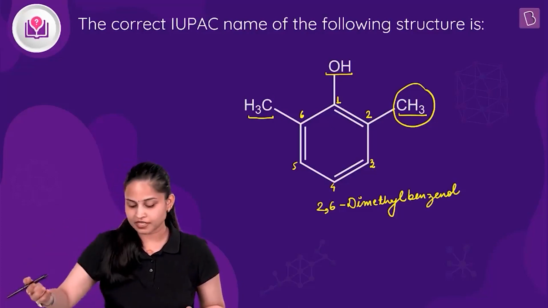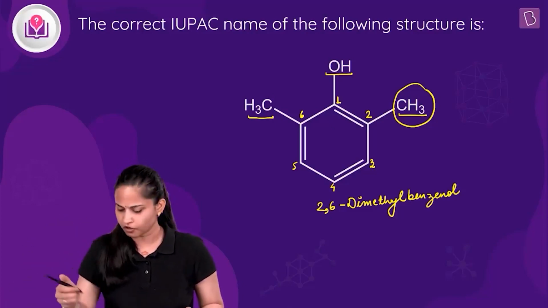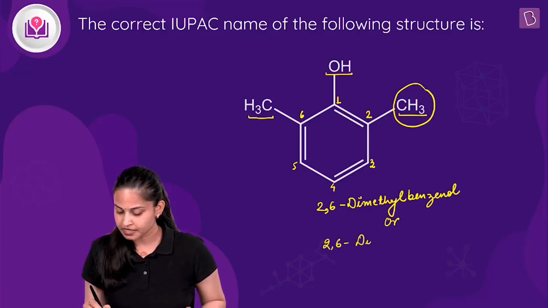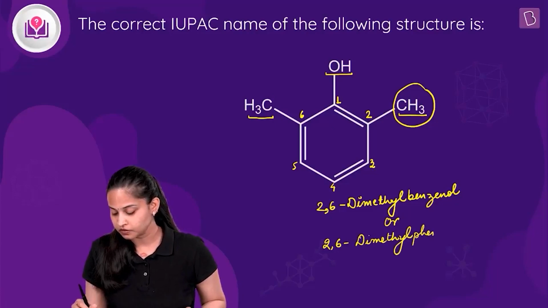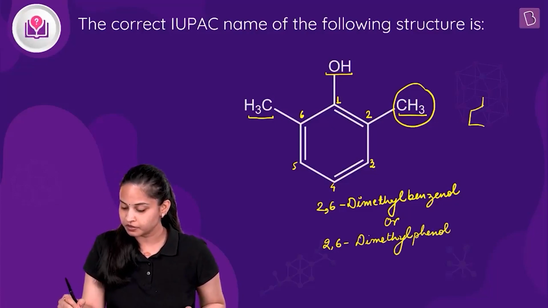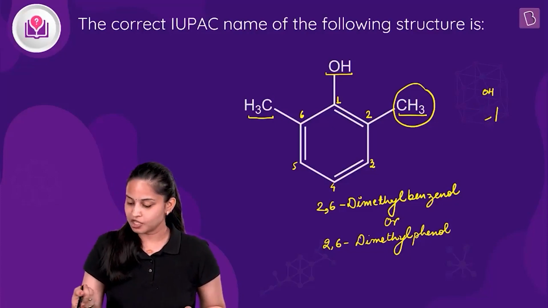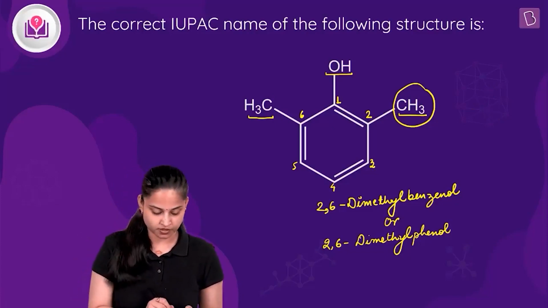You can also write it as 2, 6 dimethyl phenol, because this particular compound is basically known as phenol. That's why. Okay, so let's see the options given to us in the question.